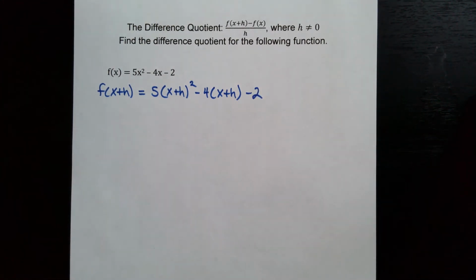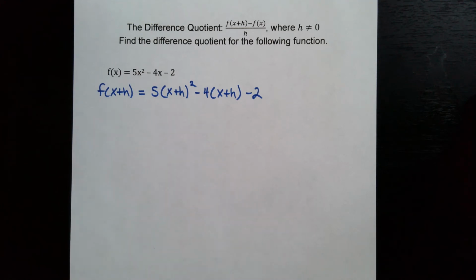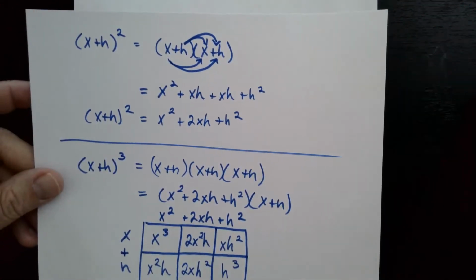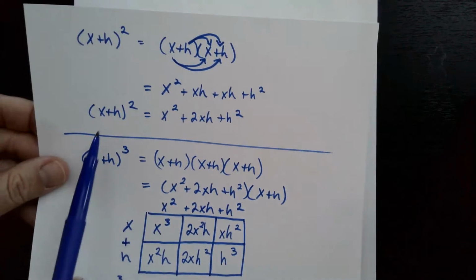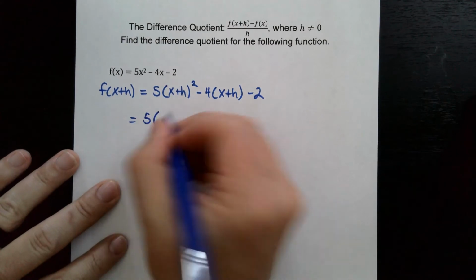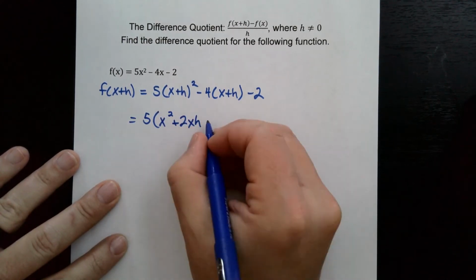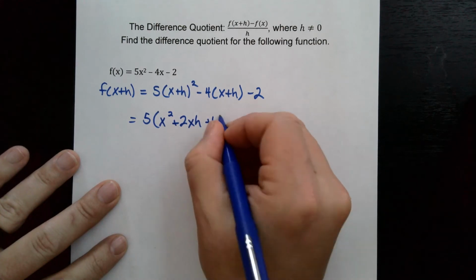Now remember that we've already done this multiplication. We did it earlier. You can go back in the video if you want a refresher, but we know that the inside of that parentheses is this right here. So this is going to end up being 5 times x squared plus 2xh plus h squared.